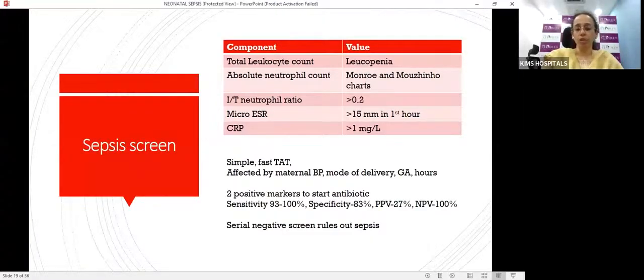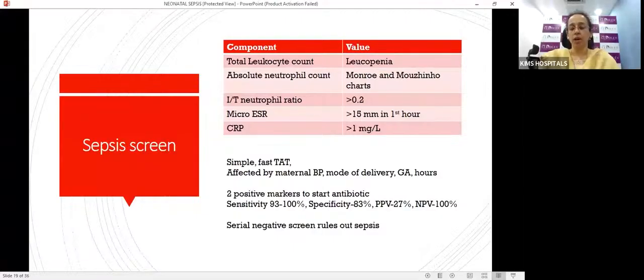So any two positive markers can be taken to start an antibiotic in a baby with signs of sepsis, or in case of early onset sepsis, those maternal risk factors, yellow flag and red flag risk factors, can be taken into account if there are positive lab parameters also, to initiate the antibiotic.